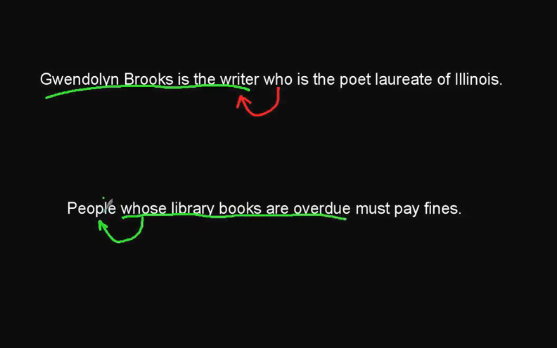So we have people must pay fines. That's the independent clause. So we'll connect them there. Must pay, right? People must pay fines. That stands on its own. Whose library books are overdue cannot stand on its own, right? That makes it a subordinating clause. Let's look at another one.